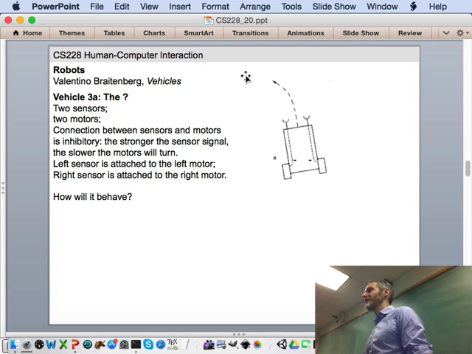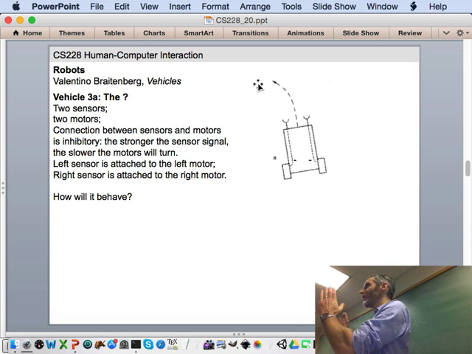So if the light source is here, the left sensor is receiving more stimulation, which means it is inhibiting the left motor more, meaning the left motor slows down more compared to the right motor, which means it will turn towards the light.